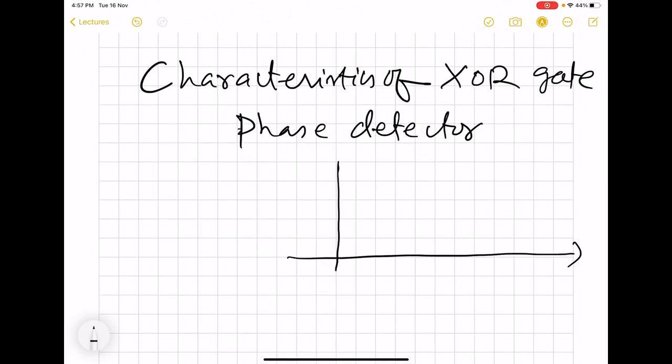So this allows us to know what is the range of phase error that can be tackled by this phase detector.